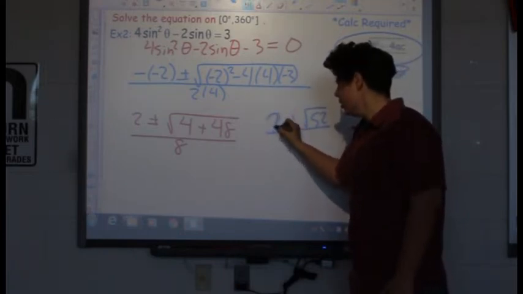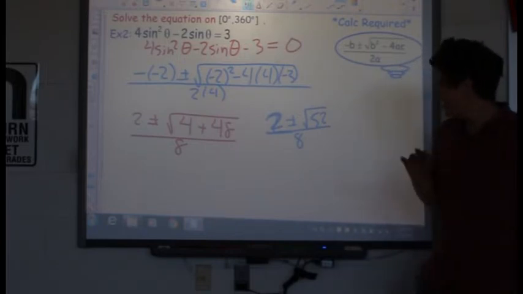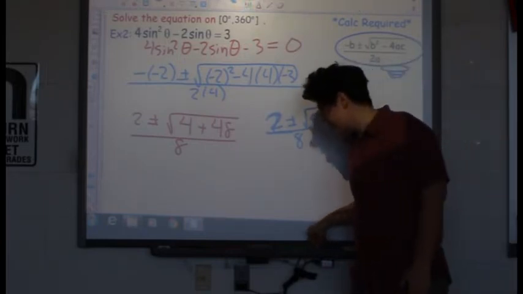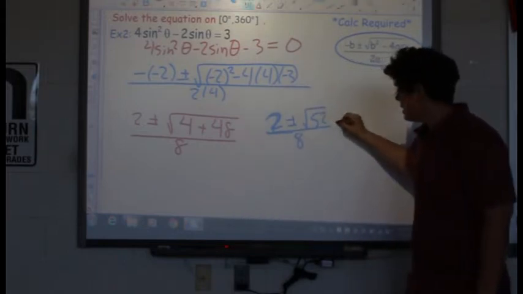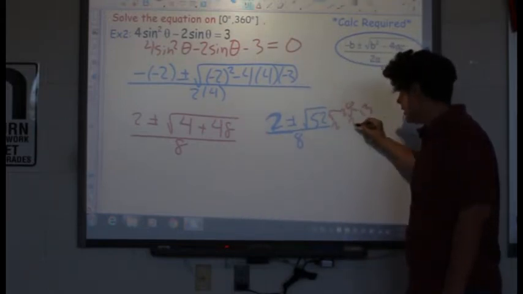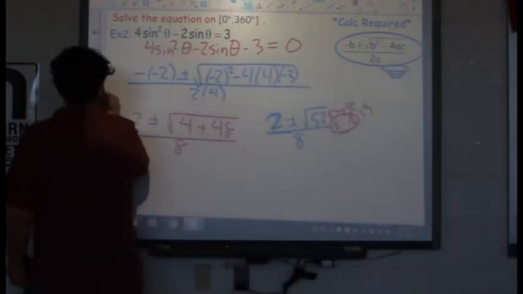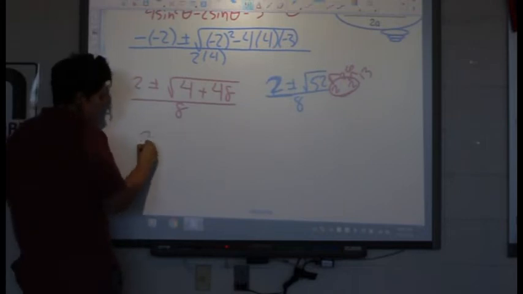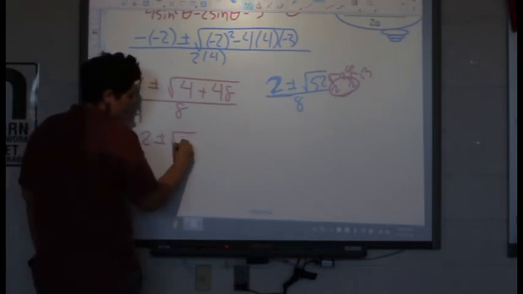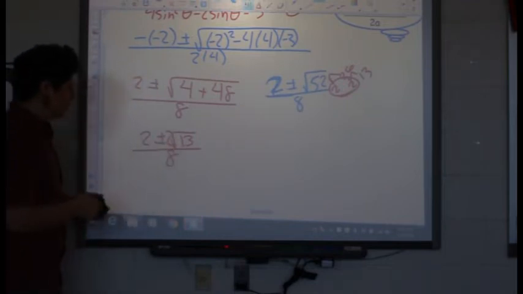Now 52 is not a prime number. 73 was a prime number before. It didn't break down, but 52 breaks down. So 52 breaks down into 2 times 26, which is 2 times 2 times 13. So a 2 is going to come out of my radical, which means I can further simplify my answer. Notice, I wrote this a little funny.